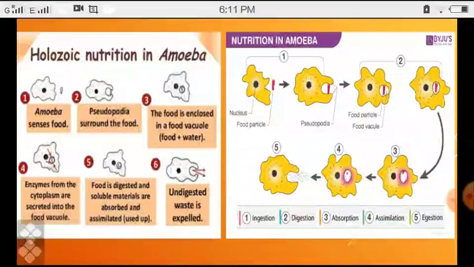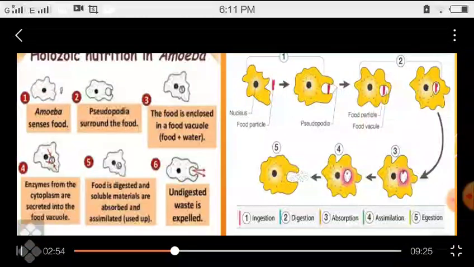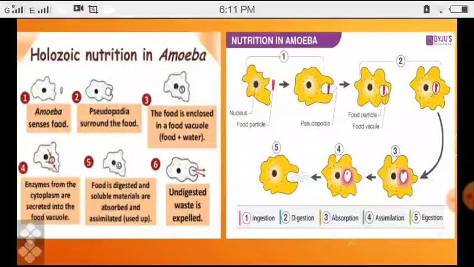The utilization of the energy from the digested food for cellular processes is called assimilation. The energy is used for the cellular metabolic activities.